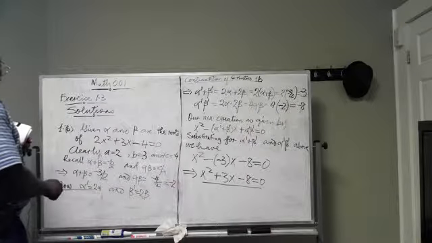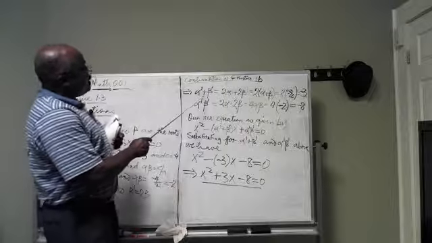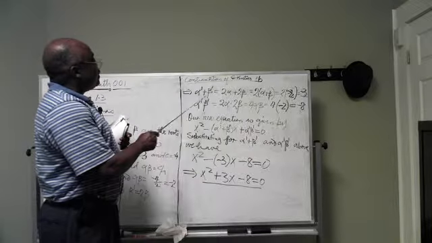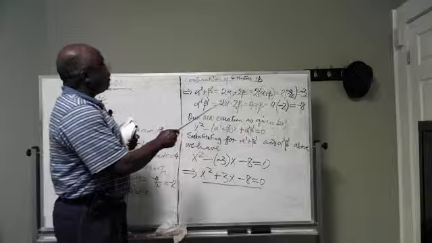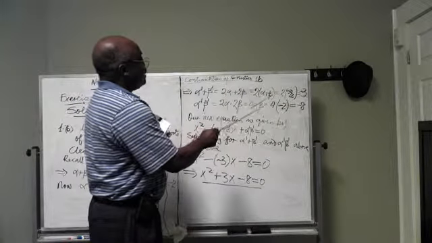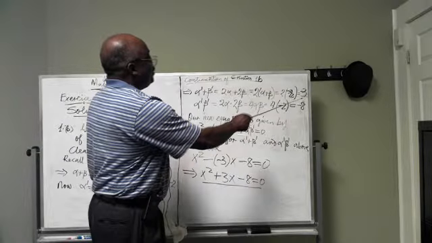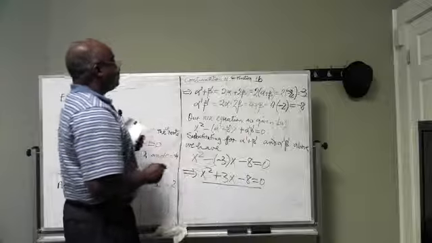Now alpha prime equals 2 alpha, beta prime equals 2 beta. This implies alpha prime plus beta prime equals 2 alpha plus 2 beta, which is equal to 2 into alpha plus beta, which is equal to 2 into minus 3 over 2, which results in minus 3.